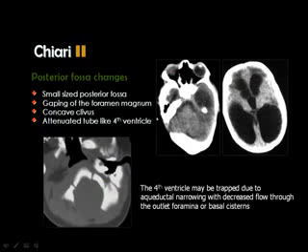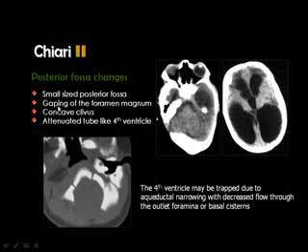Then there are manifestations of the Chiari at 3 levels: in the cervical region, in the posterior fossa, and in the supratentorial area. In the posterior fossa, you get a small posterior fossa because some of the contents are in the cervical spinal canal.